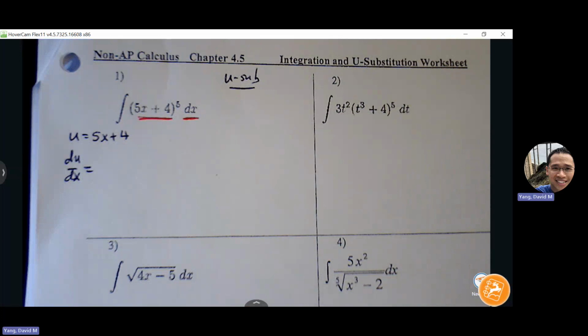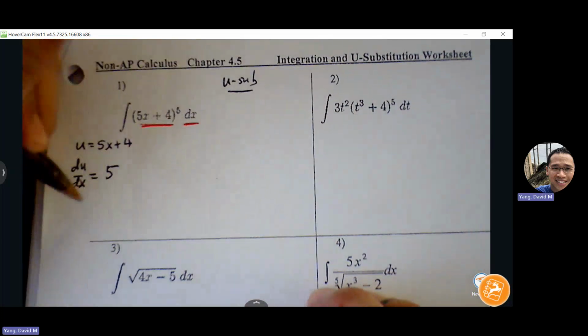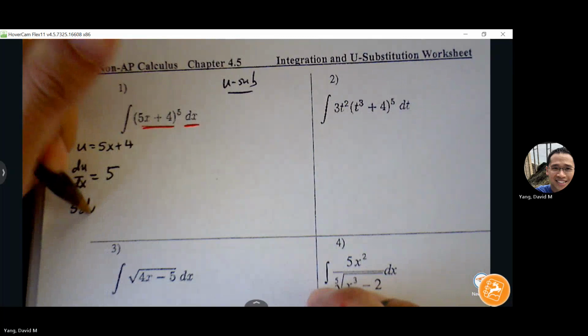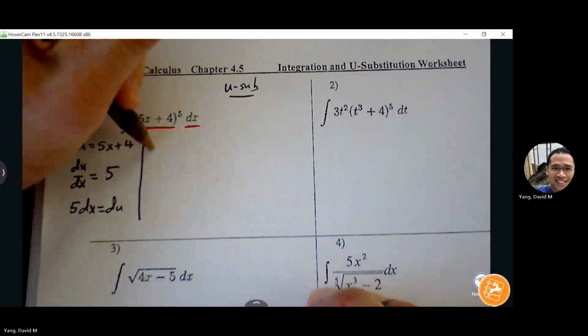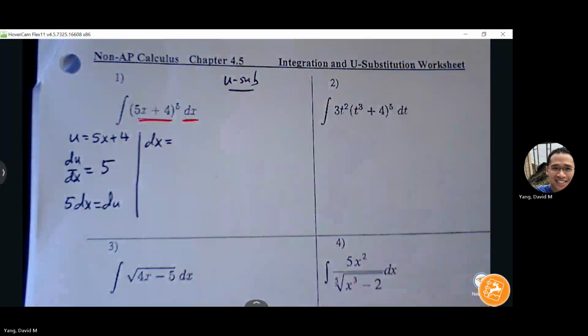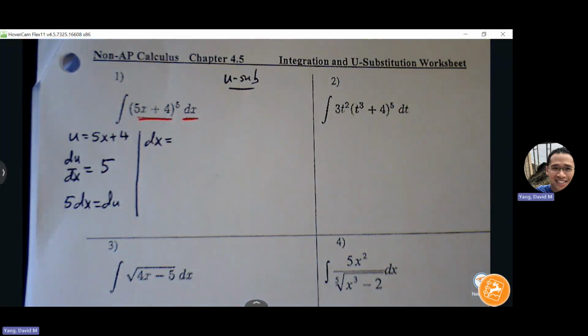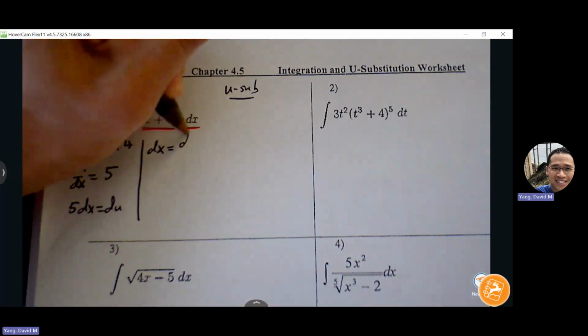What's the derivative? 5. We solve for dx. dx equals du over 5.